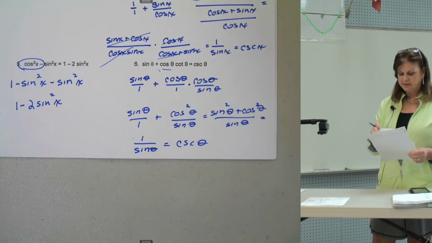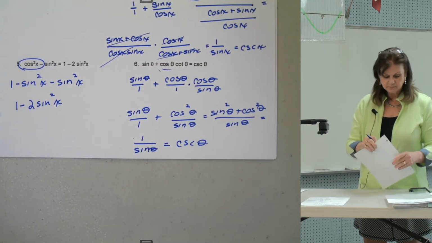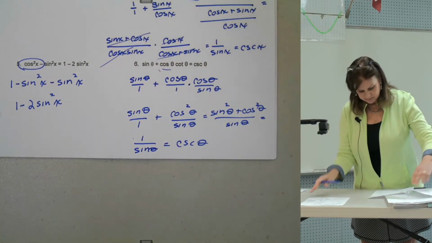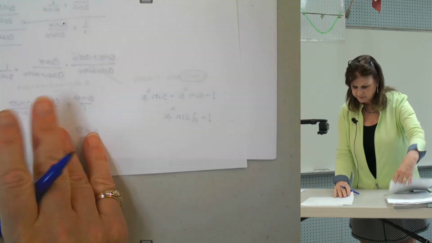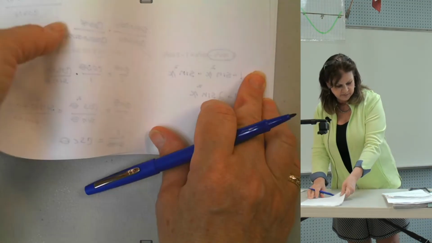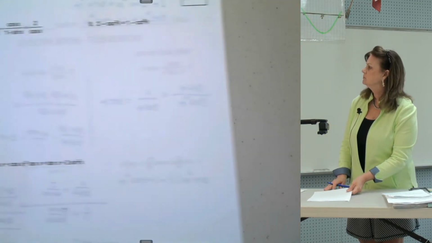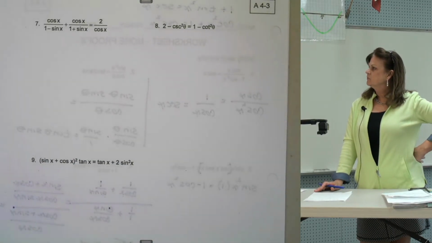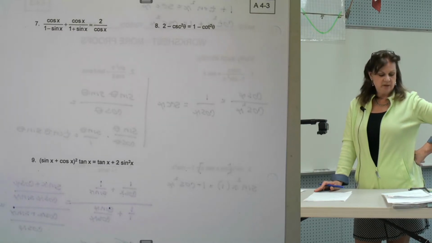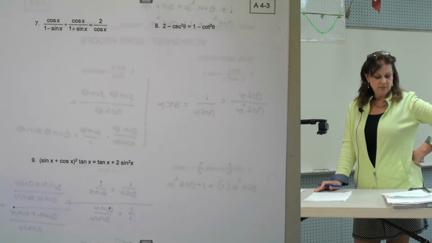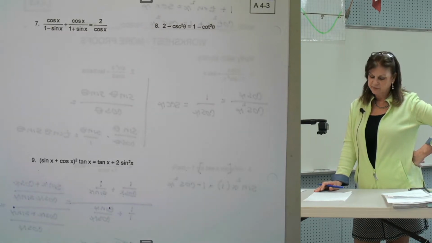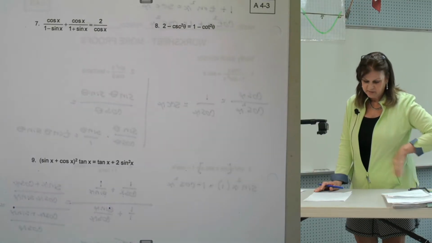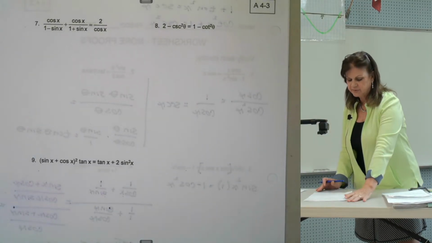All right, let's head to the back. And then we've got 2 rationals. Or maybe not. Maybe I took the rationals out here. All right, here we go. Cosine over 1 minus sine plus cosine over 1 plus sine is 2 over cosine. So we've got right to left, left to right, denominator, denominator.